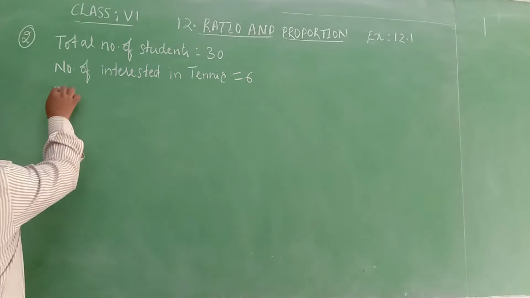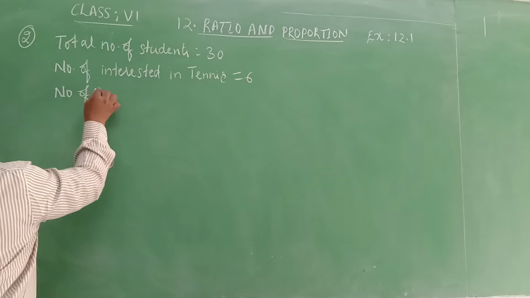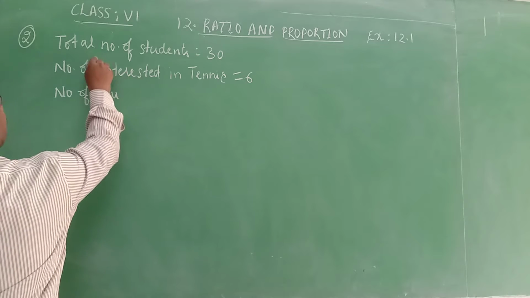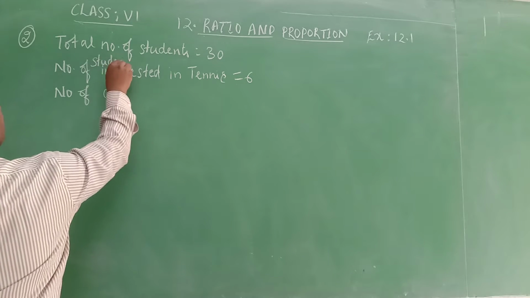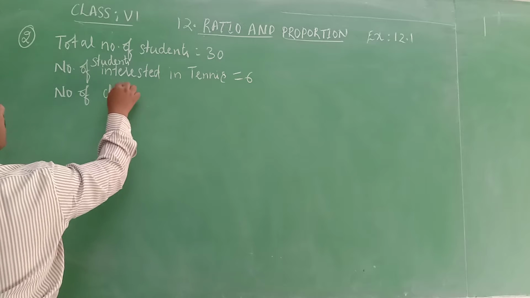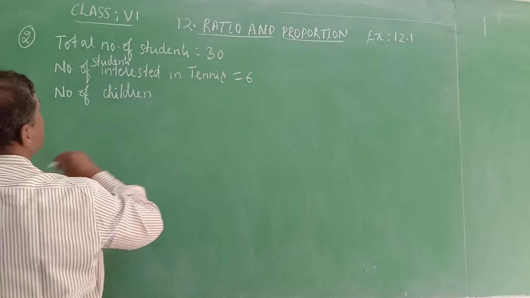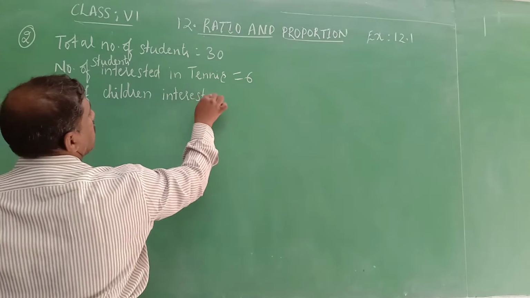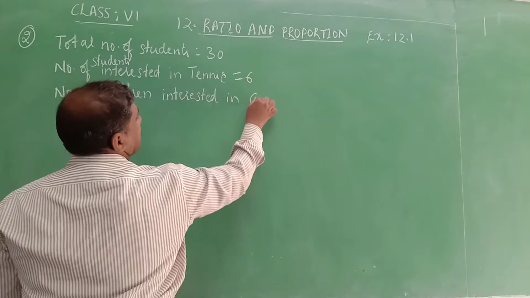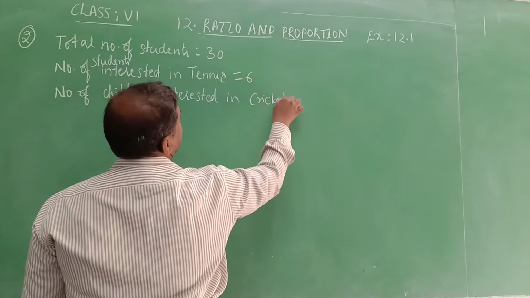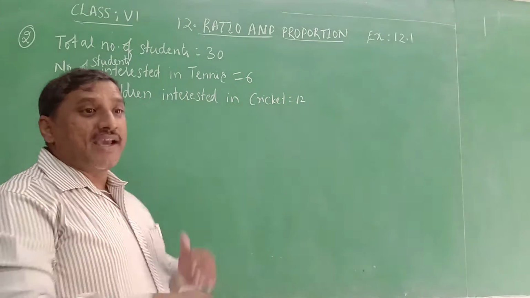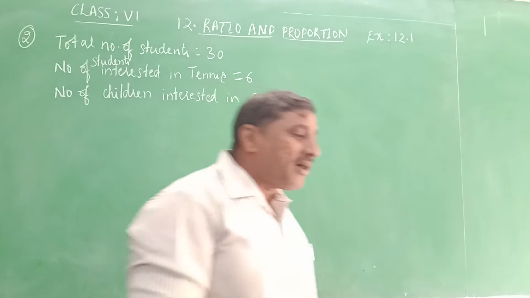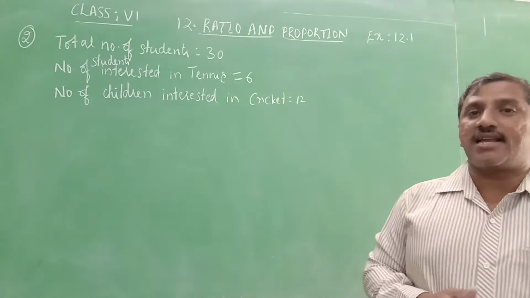Yes, it is 12. The remaining children are interested in tennis. One more game is there, tennis. So how many students are interested in tennis?